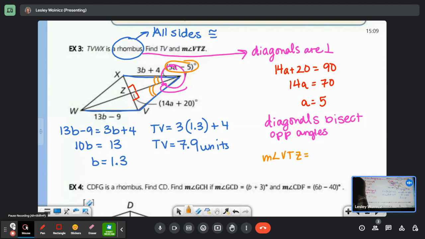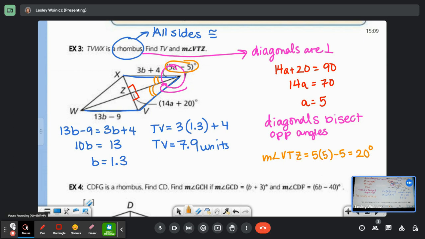Okay, so the measure of angle VTZ is 5 times 5 minus 5, which is 20 degrees. I didn't have to put the degrees on the 5 because this expression already has degrees, right? But if I'm asking for the measure of the angle, I need to say it in degrees.